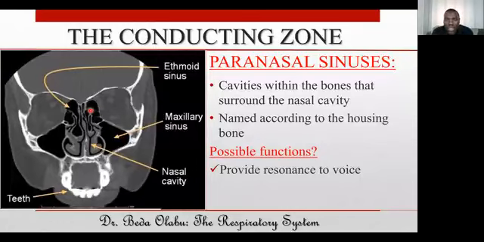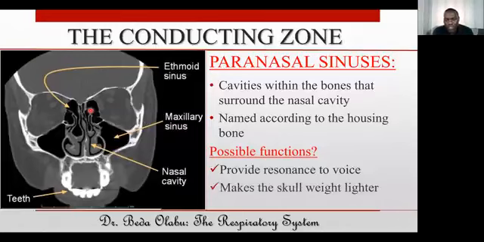Or you can try talking with your nose blocked versus not blocked and compare the difference in your voice projection. So the paranasal sinuses help to provide that clarity in your voice. We believe so.